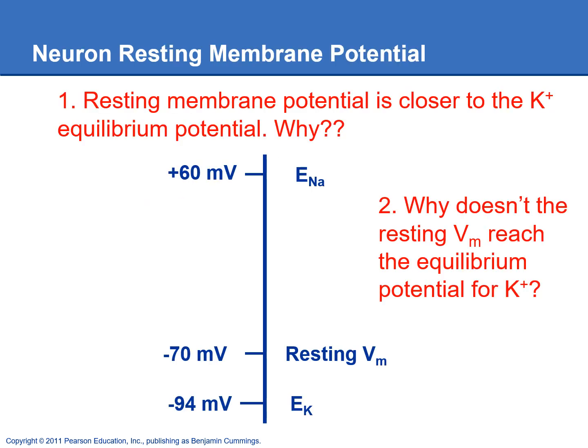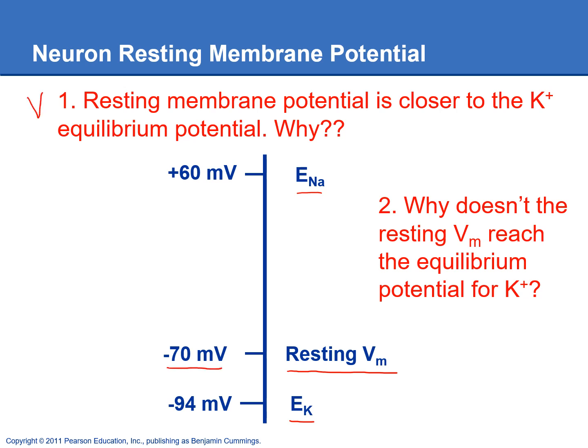Okay, a couple of important questions here. So these might make some good test questions. So we've got the equilibrium potential for sodium, and then the equilibrium potential for potassium. And then here's our resting membrane potential of minus 70 millivolts.